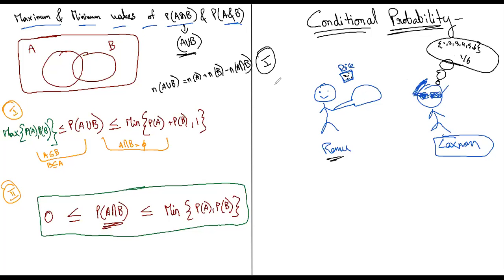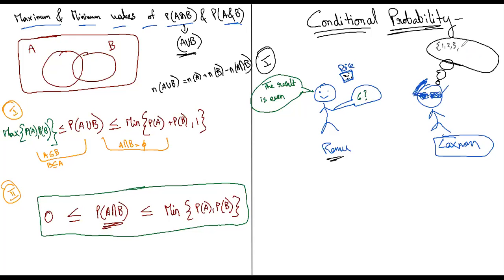This time Ramu, before he asks what is the probability of 6, tells that the result is even. Now he asks what is the probability that it is 6. Now all of you put yourself in Lakshman's position. Will your thought process change or not? Will you think the same way or will you think something else?